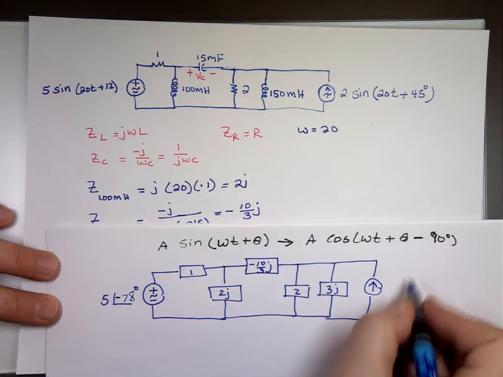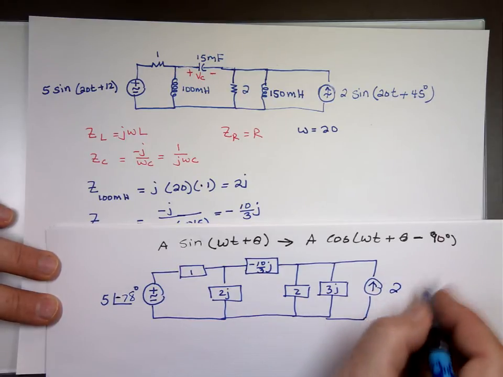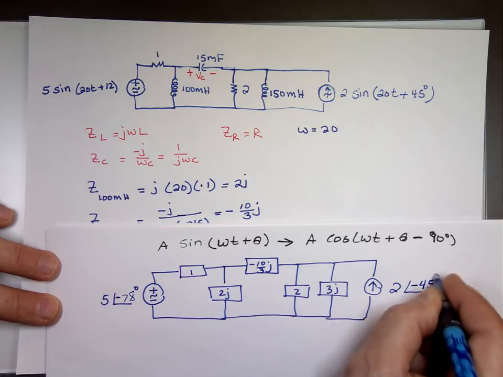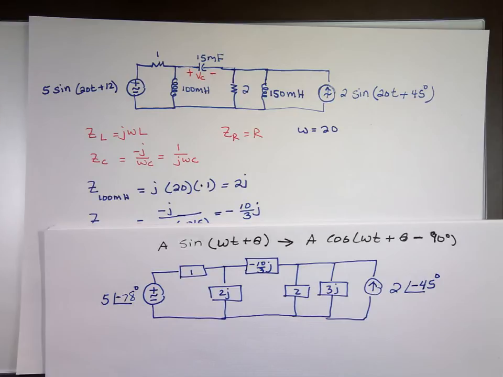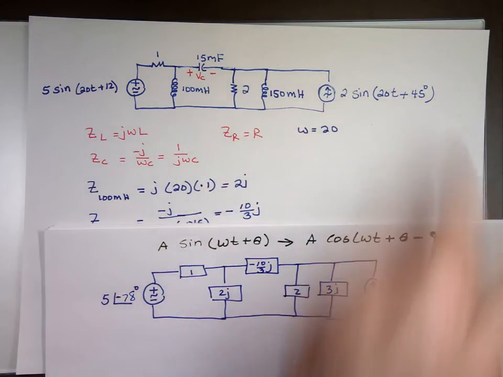And this will be 2, subtract 90 degrees from that. What's 45 minus 90? Negative 45. It is sine. You've got to convert it to cosine first. You subtract 90 degrees, then you switch it to phasor.